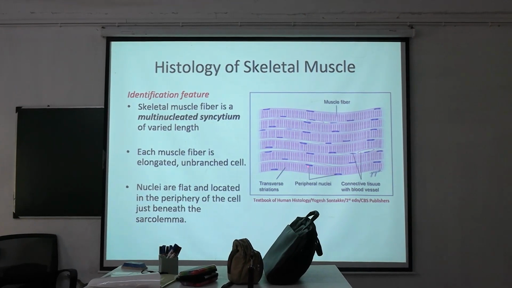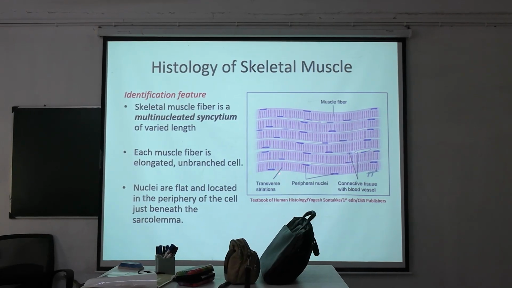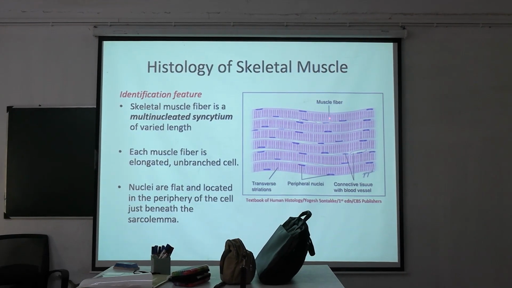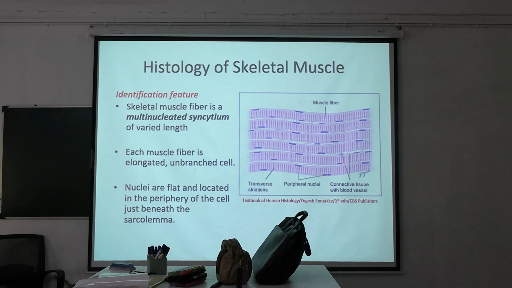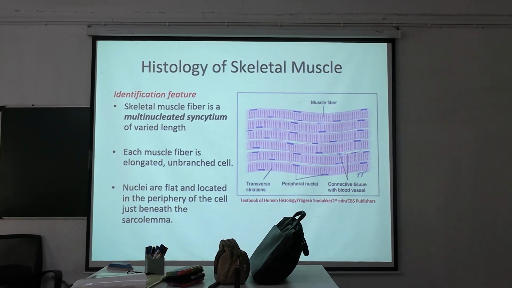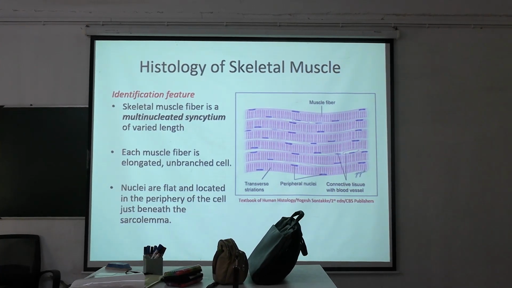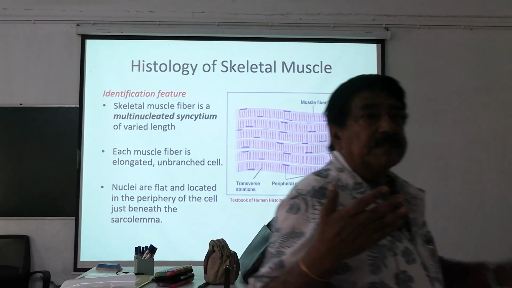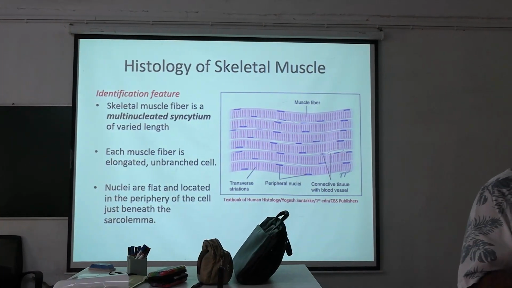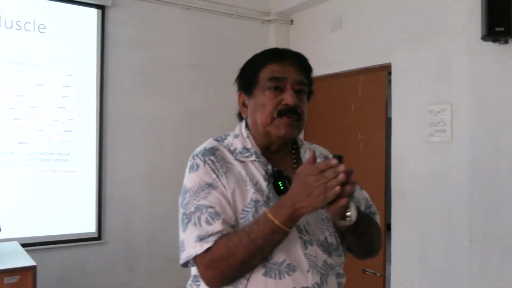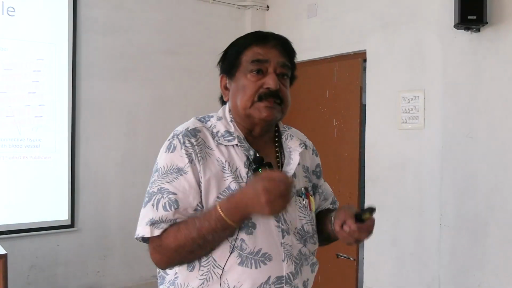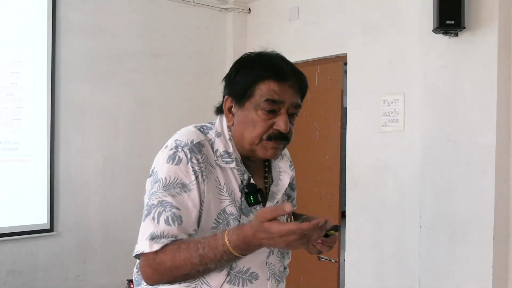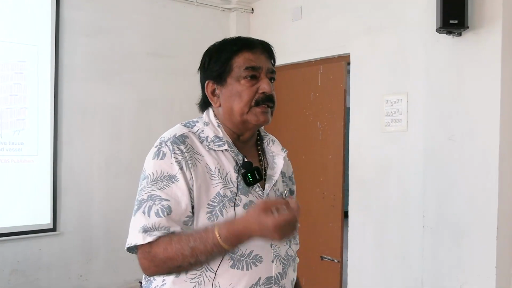See the peripheral nuclei, transverse striations, muscle fibers, and connective tissue with blood vessels in between. When you dissect this muscle, you will see the major arteries with branching and supplying, and in between you find arterioles.